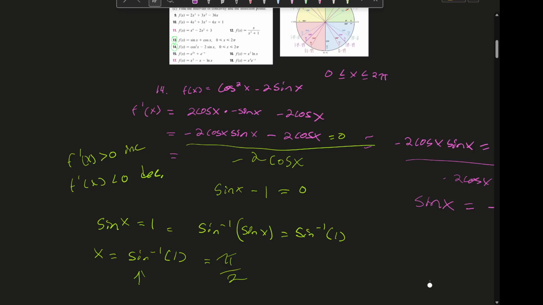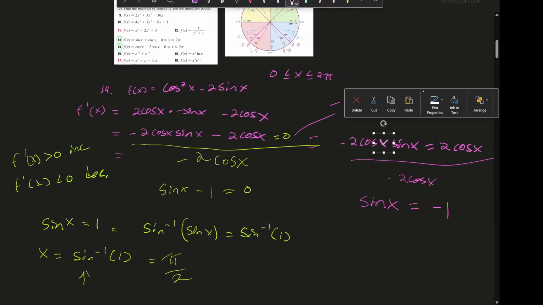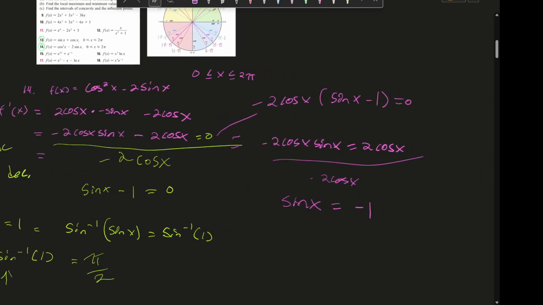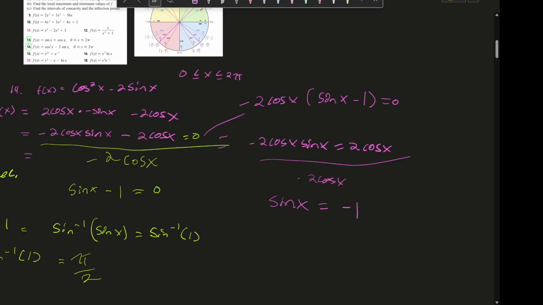Yeah, I guess if you factored it, honestly, the best way to go about this would have been to stick with factoring. Because factoring, you would have had -2 cosine x, and then sine x minus 1.